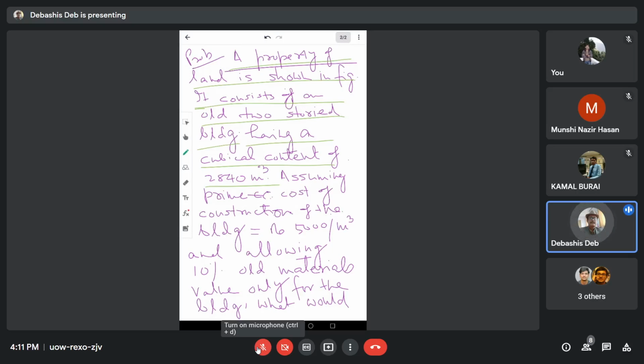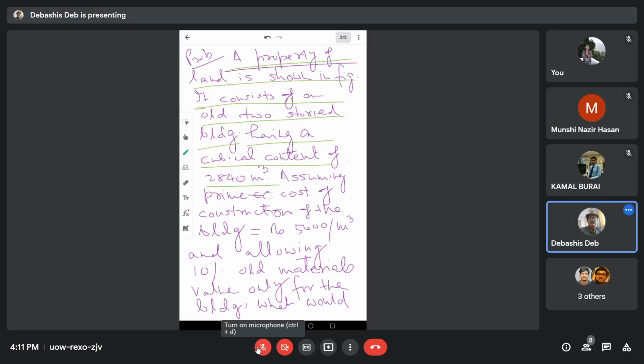If the height per floor is 4 meter, then 900 multiplied by 4, 3600, will be the cubical content for a single floor. If it has a similar height on 3 floors, then 3600 into 3. So cubical content is the more accurate method.